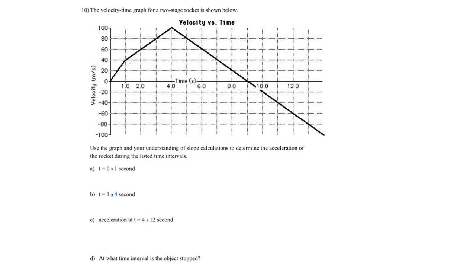Okay. We're supposed to find the acceleration during these intervals of time. So from 0 to 1 second, to find the slope, 40 divided by 1.